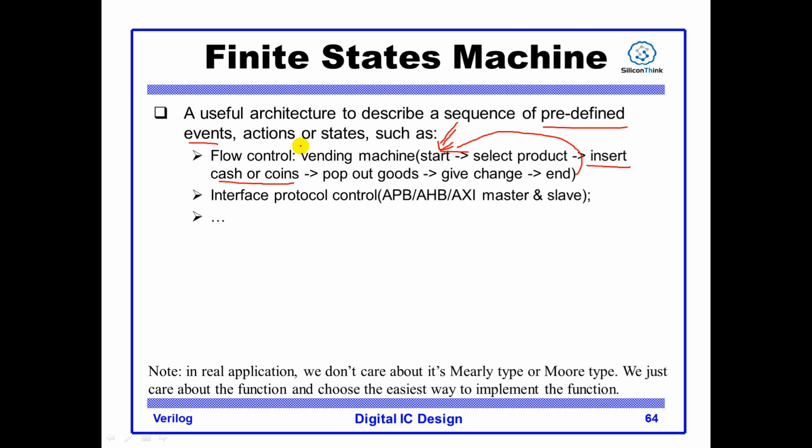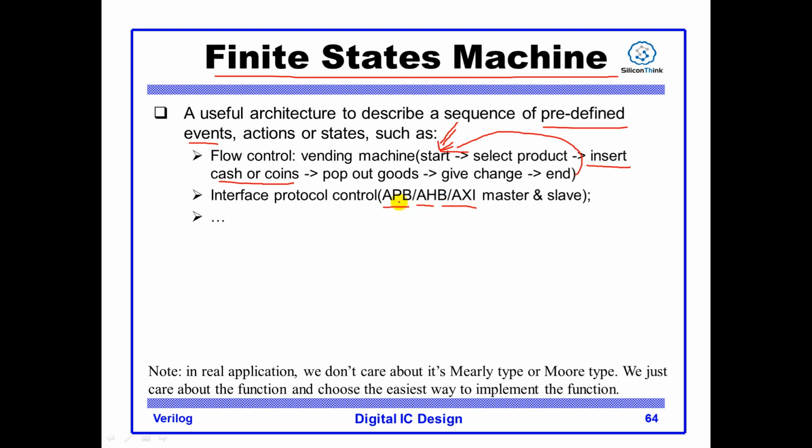For the control of a vending machine, we can use a finite state machine to design it. And also, there are predefined states for some bus protocols, such as the FPGA AXI interface.